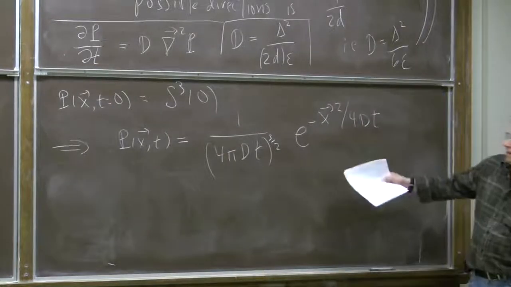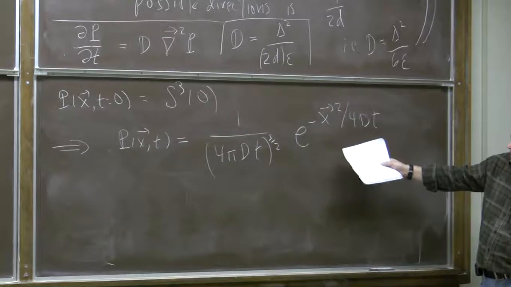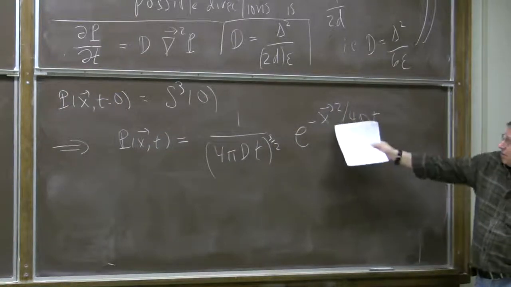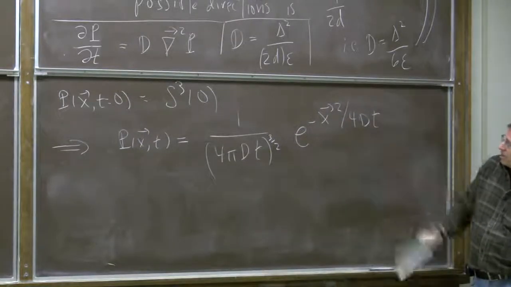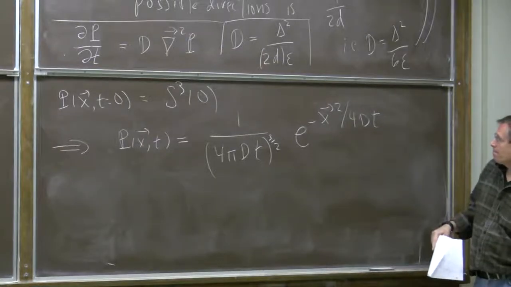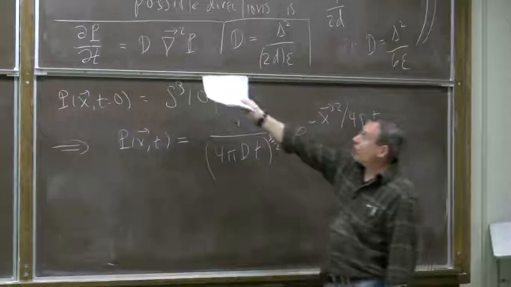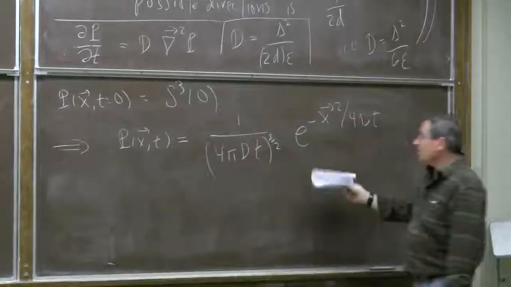So that's just the product of the probability distribution I wrote down earlier for the x direction, the y direction, and the z direction. So I get x squared plus y squared plus z squared here, or in other words, the total distance traveled squared. And again, you can check just by plugging in to this form of the diffusion equation that in 3 dimensions, this is a solution.